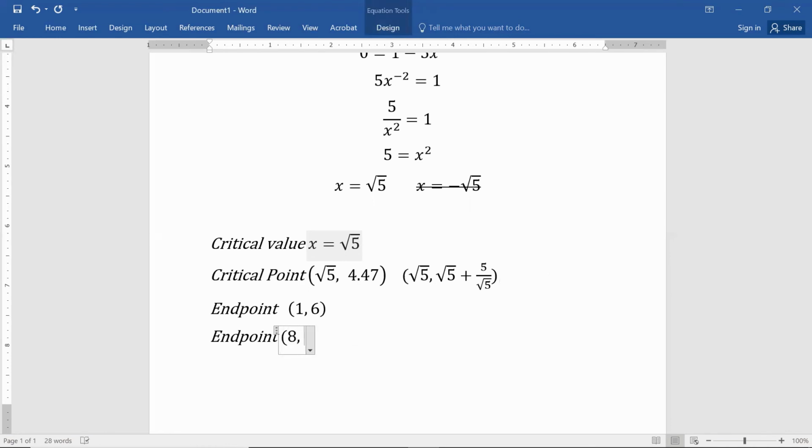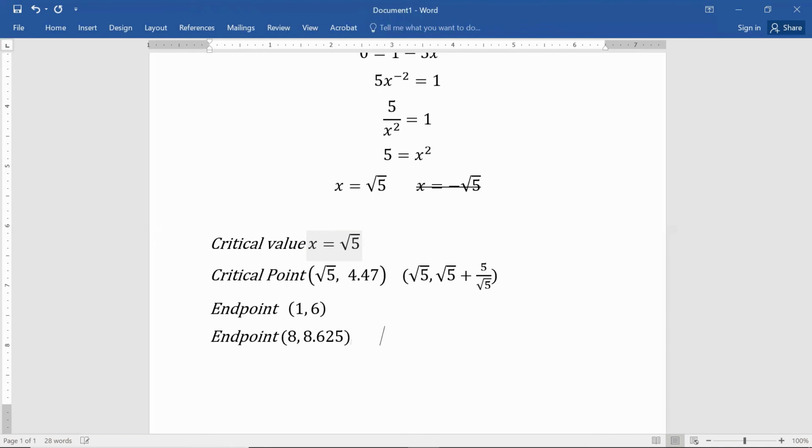And the y value is going to be 8 plus 5 over 8. 5/8 as a decimal is 0.625. So you end up with 8.625.